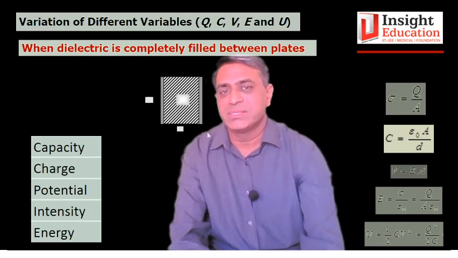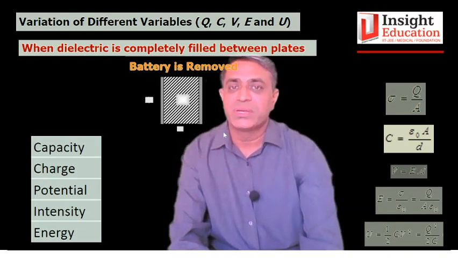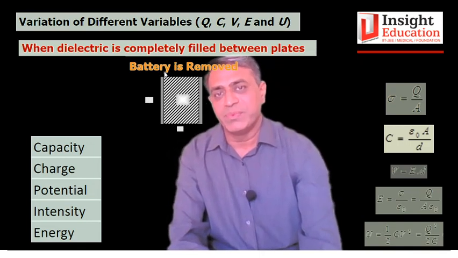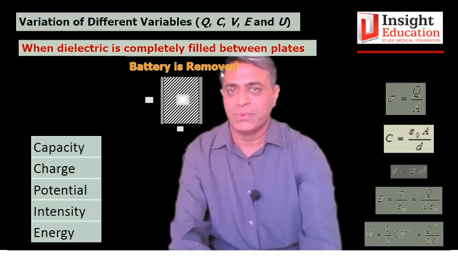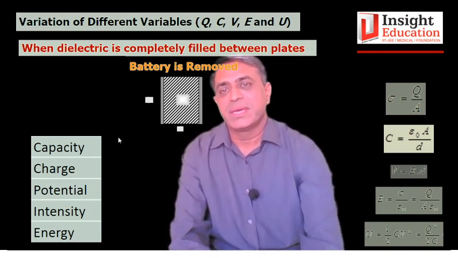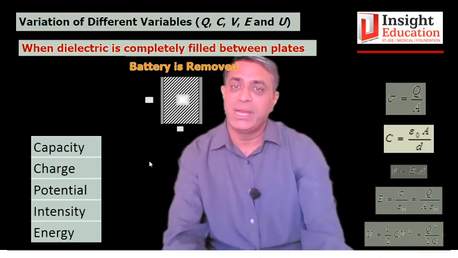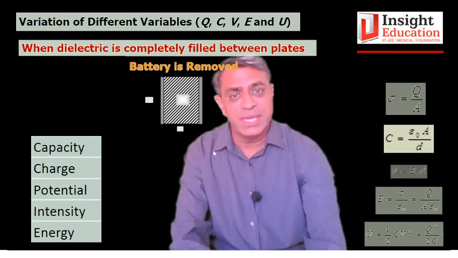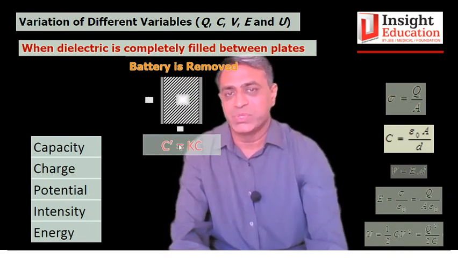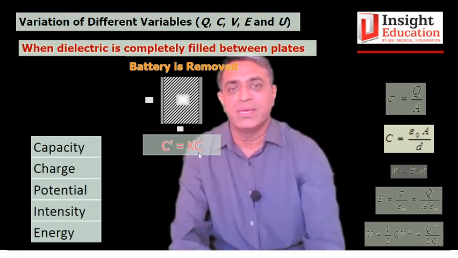Consider the first case, where the capacitor is not connected to the battery, meaning the battery is removed. Capacitance is C. When we fill the dielectric material, capacitance increases by K times, so C' is equal to KC.